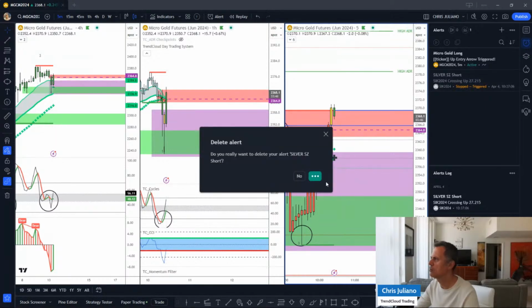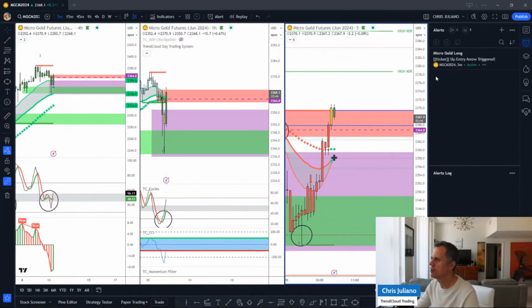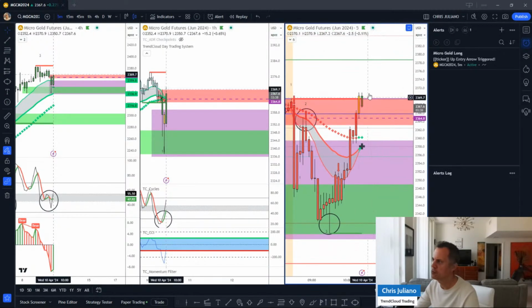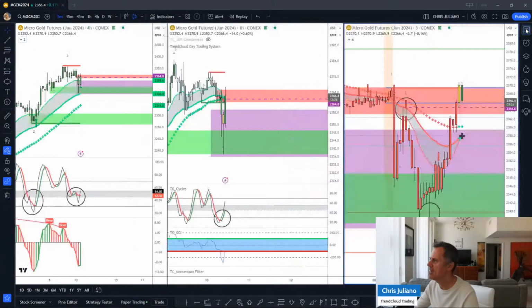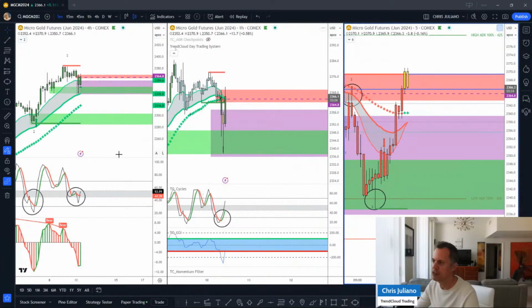We don't need that one anymore. So as soon as we get a momentum signal to the upside on gold, I am jumping all over it. So you see, that is how we followed this trade from beginning to end.